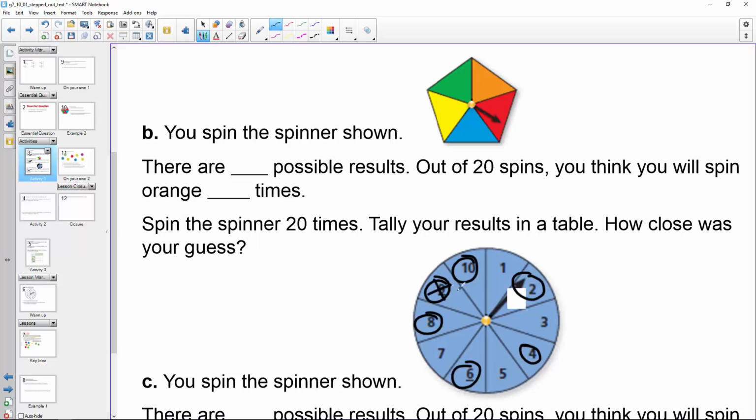I'm sorry, I thought that was a 2. So 1, 2, 3, 4, 5. I have 5 out of 10 ways to get an even. And to get a multiple of 4, I have 1, 2. I have a 2 out of 10. So if I just look at these two odds, I have 5 chances of winning here and only 2 chances of winning here. I like these odds a lot more.